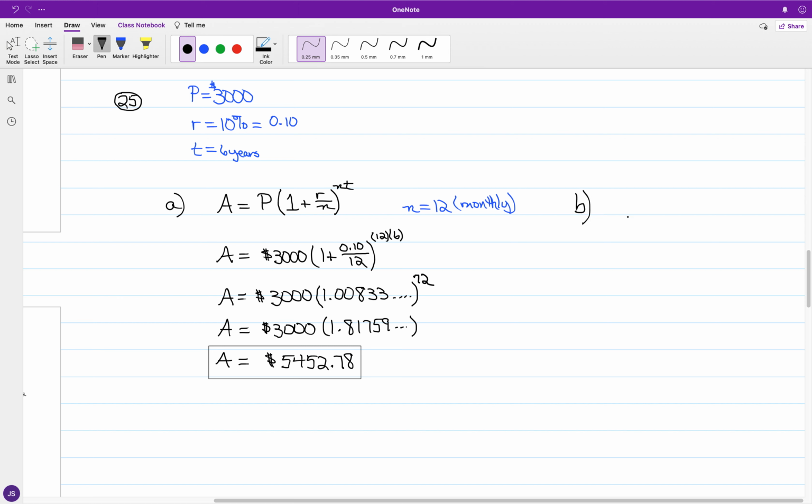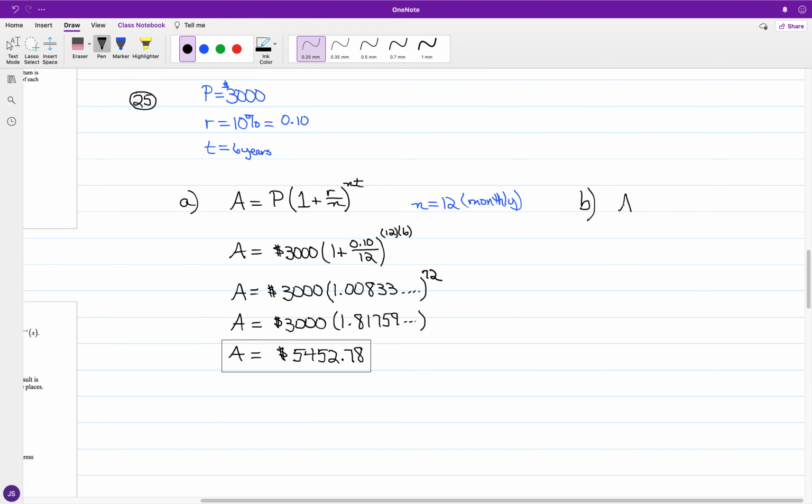Again, with continuous compounding, this 1 plus r over n to the n times t becomes e to the rt. So with continuous compounding, the future value is P times e to the r times t, and again, e is the natural logarithmic exponential base value, 2.718.